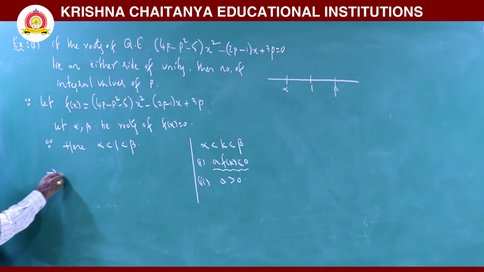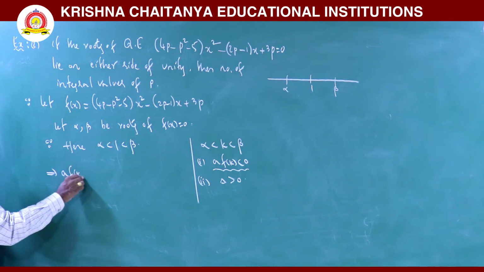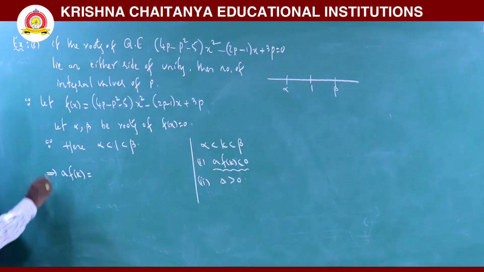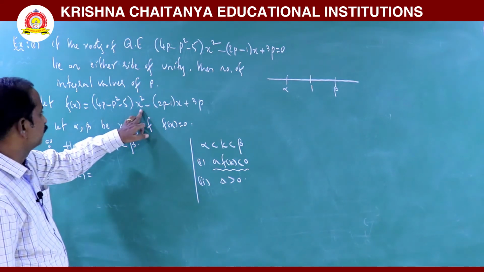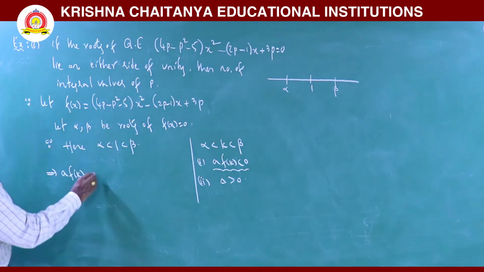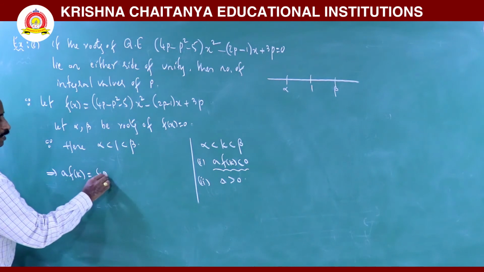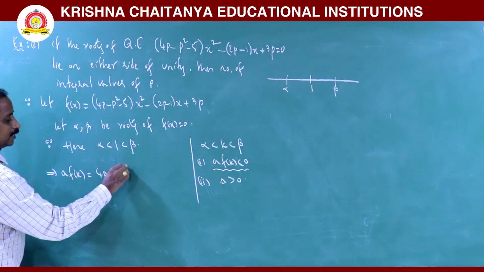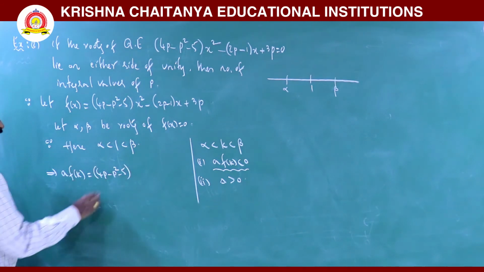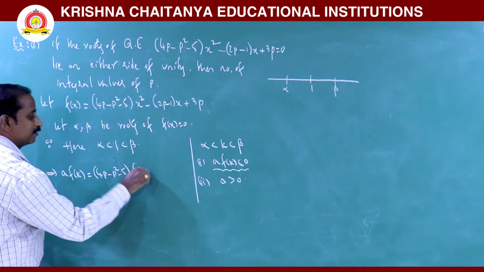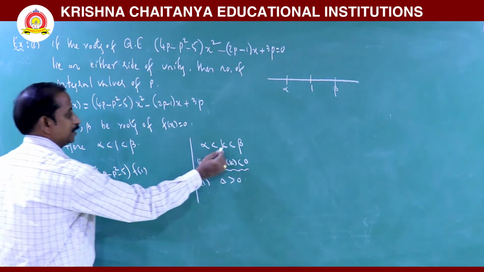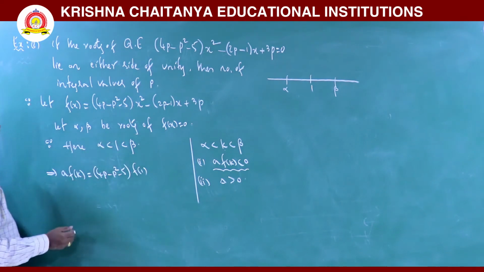Here a means the leading coefficient, 4p minus p square minus 5, and f of k means f of 1, since k here is 1.